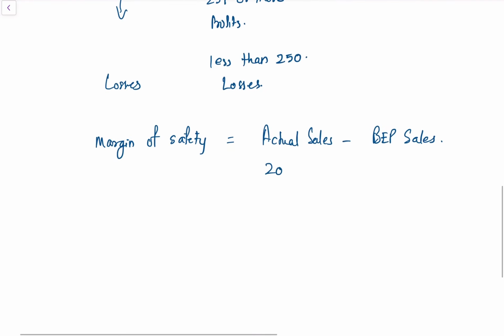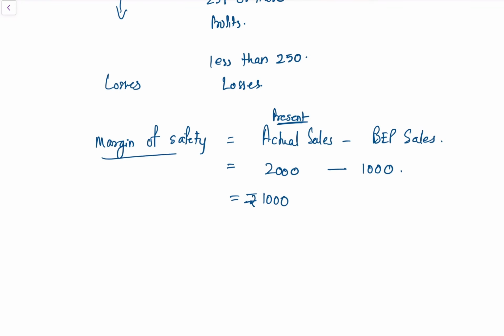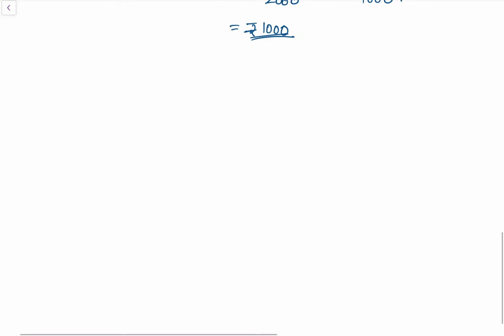Actual sales means present. Right now we are making, assume, 2,000 rupees sales and break even point is 1,000 rupees. Means we are on the safe side, that we are making more sales by 1,000 rupees, which is called margin of safety. So margin of safety helps us to understand how much safer we are, how far away we are from the break even point sales.